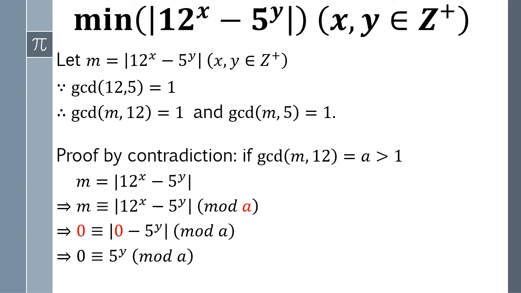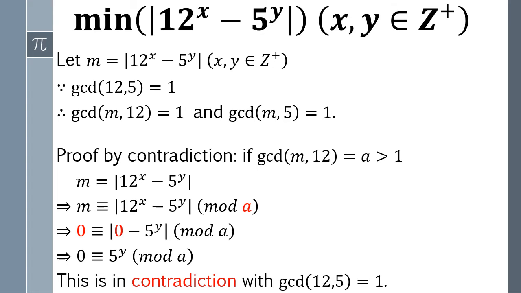That means a is also a divisor of 5 to the y's power. However, this is in contradiction with the fact that 12 and 5 are co-prime numbers. From here, we can demonstrate that m and 12 are co-prime numbers, and in the same way, we can prove that 5 and m are co-prime numbers.